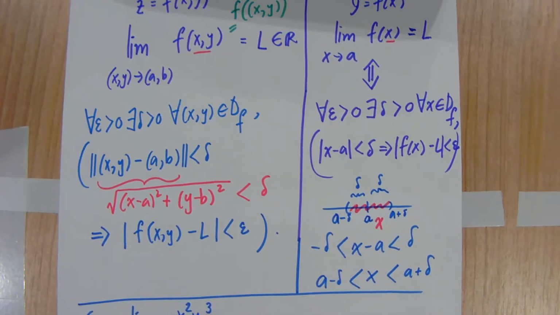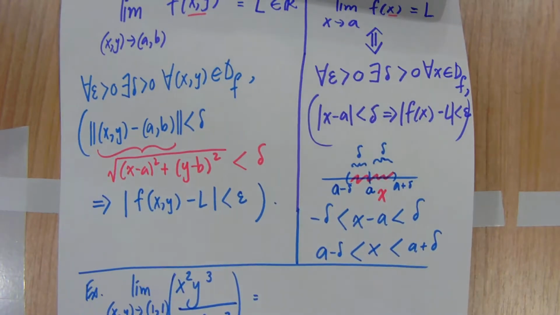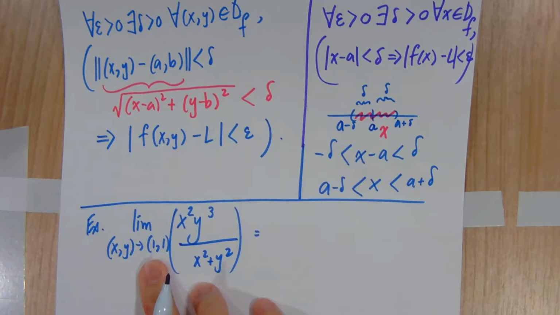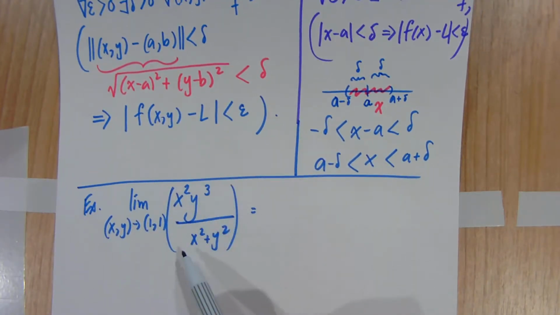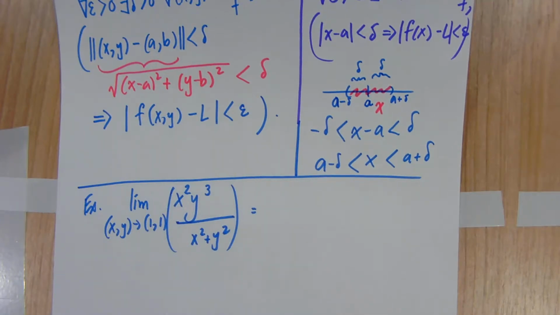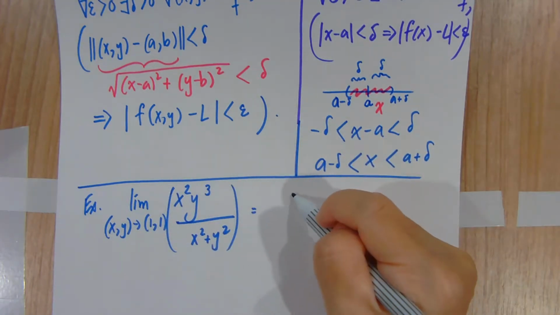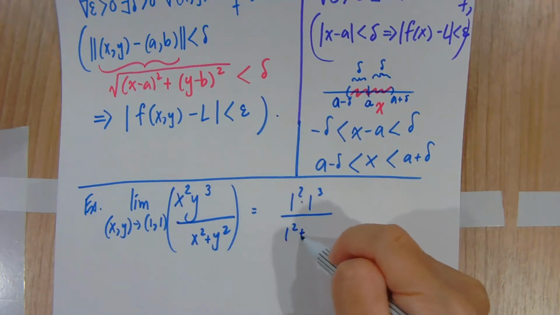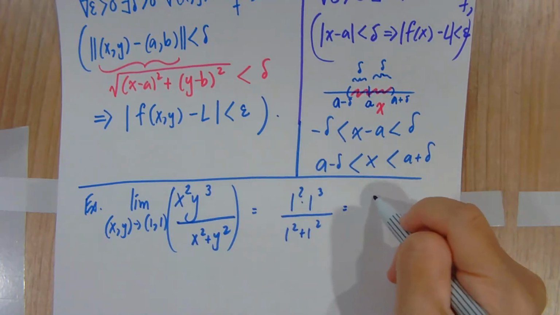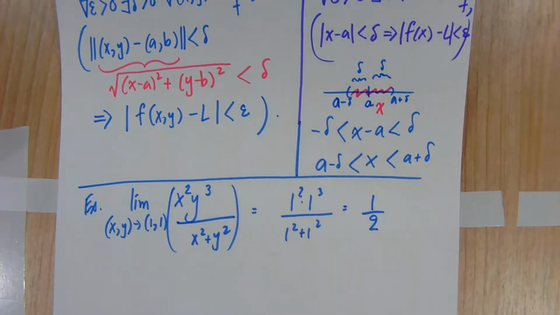Okay, so this is the limit of this function: the point (x, y) close to (1, 1), and the function x squared times y cubed over x squared plus y squared. Well, we just replace x equal 1 and y equal 1. Okay, so you can just replace, and it does not make the denominator equal 0. So just replace, and the answer is one half.